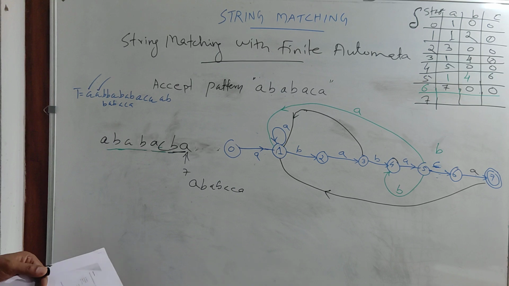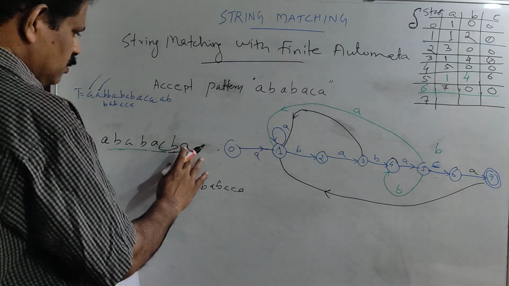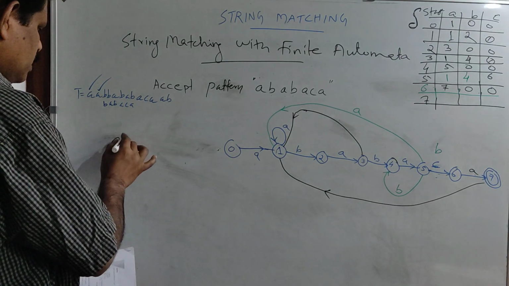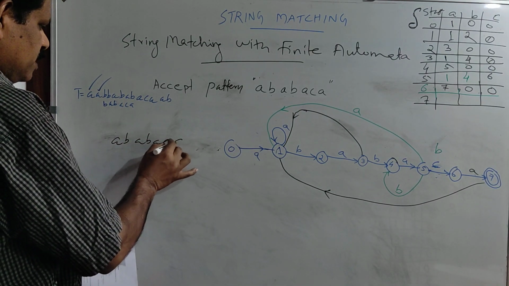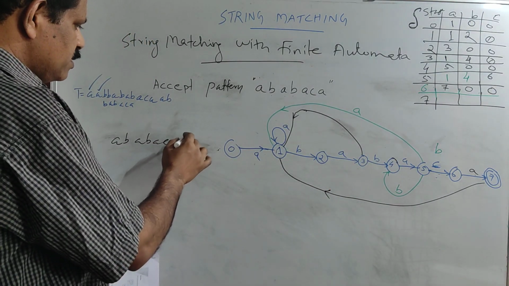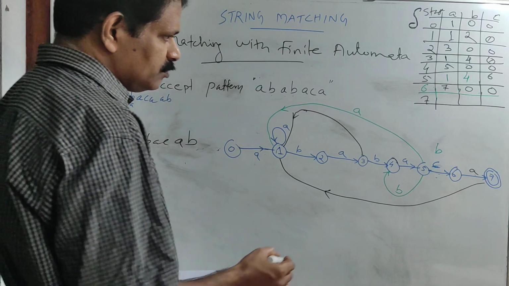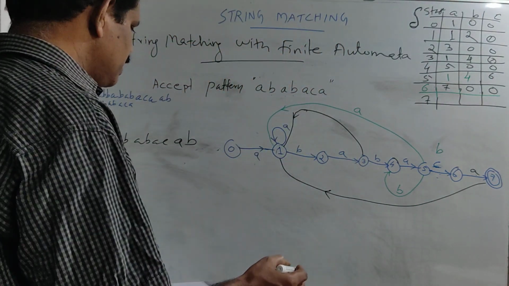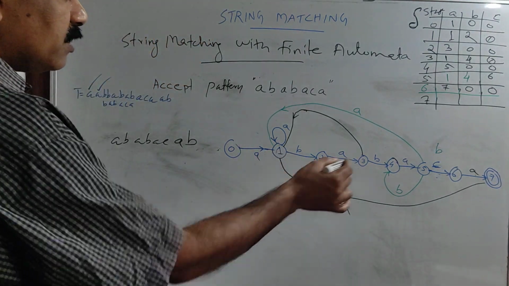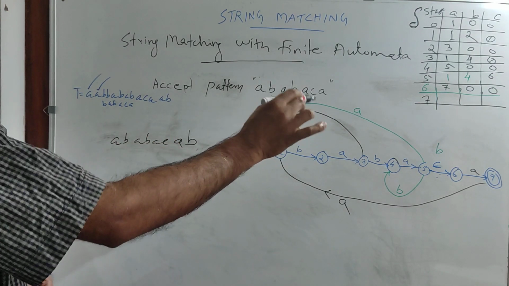Then on getting a B, that is on receiving ABABACA, you reached stage 7. Suppose the next character is B. Then on getting A, you can stay at stage 1. Then on getting a B, you got ABABACA and you reach stage 7.